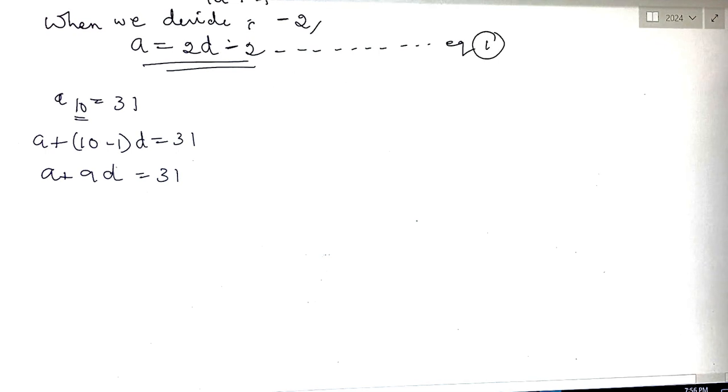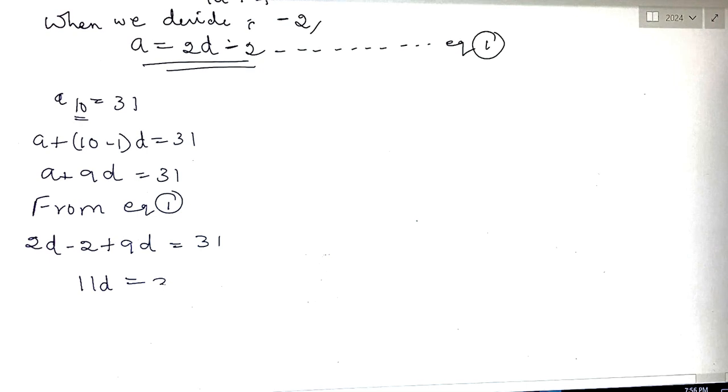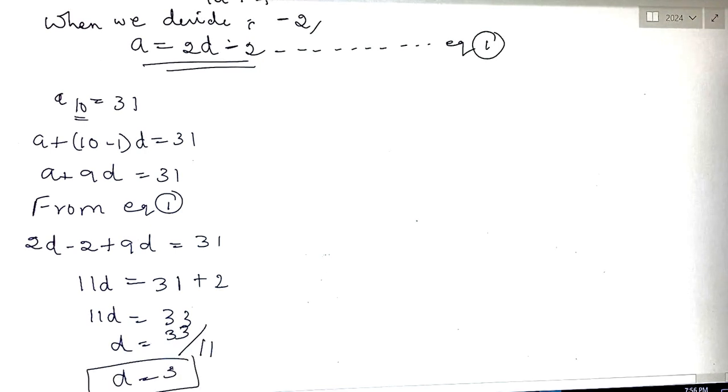From equation 1 we know that a is 2d minus 2. So we substitute that value here: 2d minus 2 plus 9d is equal to 31. So 9d plus 2d is 11d is equal to 31. This 2, when it goes to that side, becomes plus 2. So 11d is equal to 31 plus 2, 33. d is equal to 33 by 11. That means d is equal to 3.